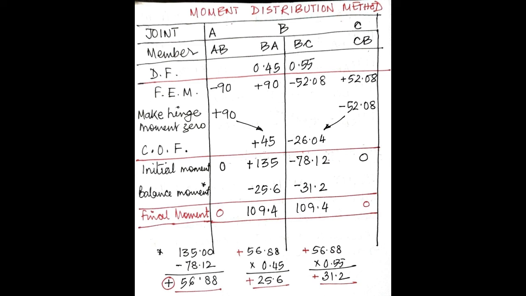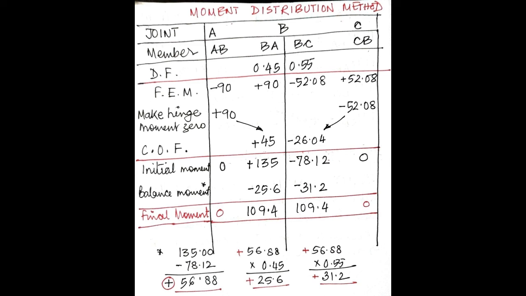Now the next question comes, how should we balance? We should balance according to the distribution factors of both the members. So BA and BC have the distribution factors 0.45 and 0.55. So how will we balance the moment? See, the calculation I have shown below. Plus 135 minus 78.12.